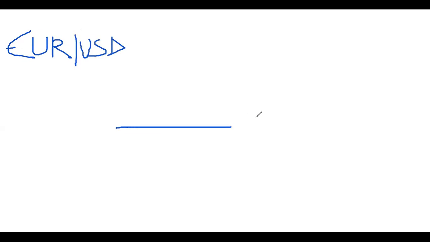Probably that trade is Euro USD. And let's say the trade is running. Entry point. Of course, you know stop loss is danger. Stop loss is at the bottom, SL. And let's say this is your target profit.